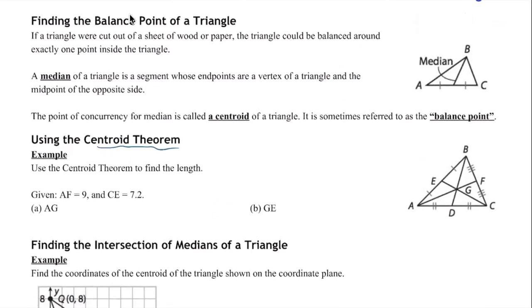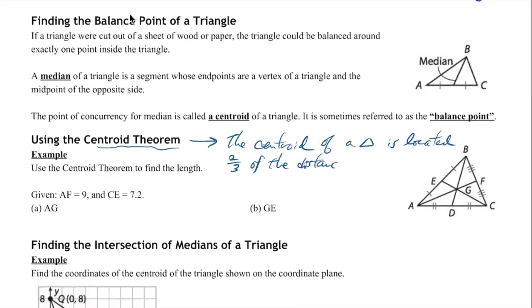Okay. Centroid theorem states that, here you go, guys, the centroid of a triangle is located 2/3 of the distance from each vertex to the midpoint of the opposite side.